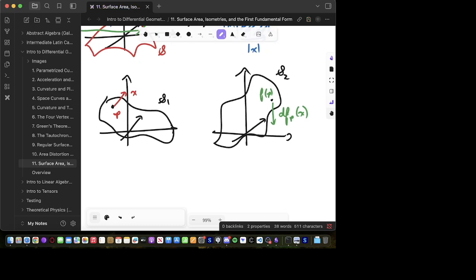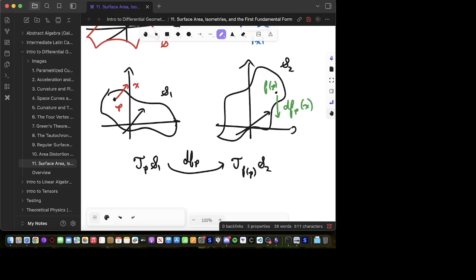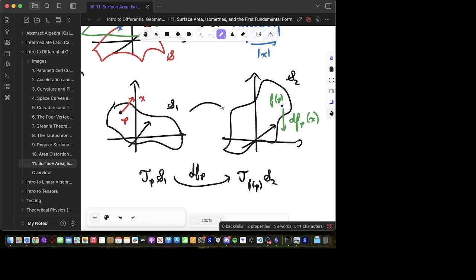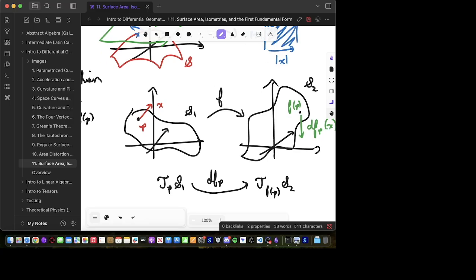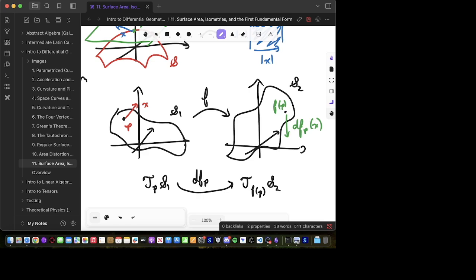And we say that this is dF_P because we're taking the tangent plane and mapping it to the tangent plane of S2 at F of P. And of course the mapping between the surfaces is F. I know this is a lot to think about, but hopefully this visual diagram should give some clarity.